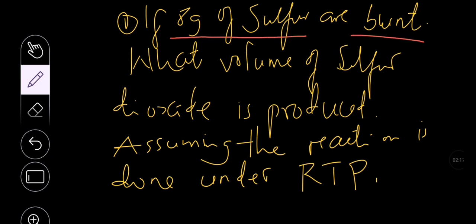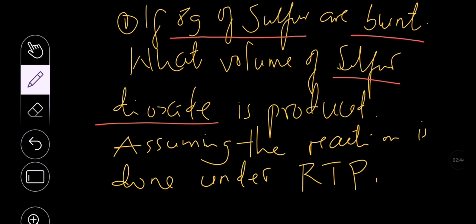Why are we saying that it's burning in oxygen? Because at the end we have the product, which is sulfur dioxide. It is only when sulfur is burning in oxygen that we have sulfur dioxide. So we have a clear picture that this sulfur is burning in oxygen.